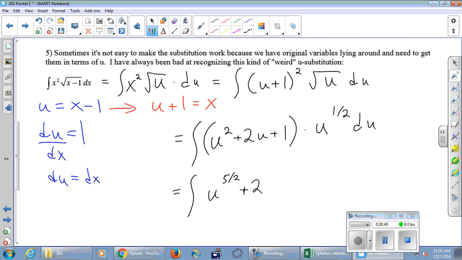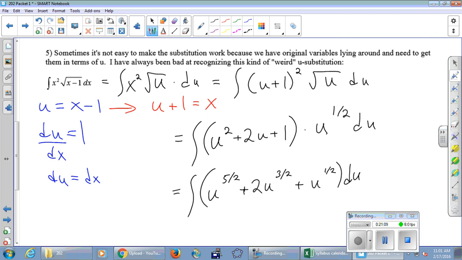Plus 2u to the 3 halves, 1.5, plus u to the half, du. And what do you think of that integral? Can we do it term by term? We can. So this is going to work.